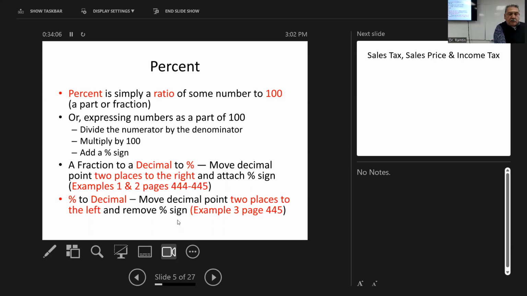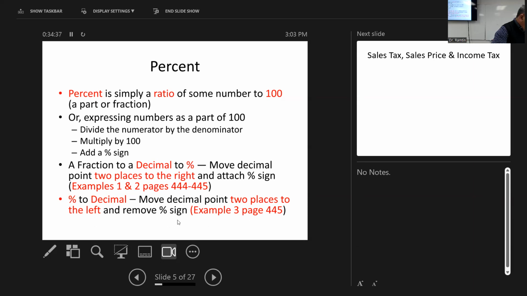Let's look at page 444, examples 1 and 2. Look at example 1, page 444. It says express 5/8 as a percent.